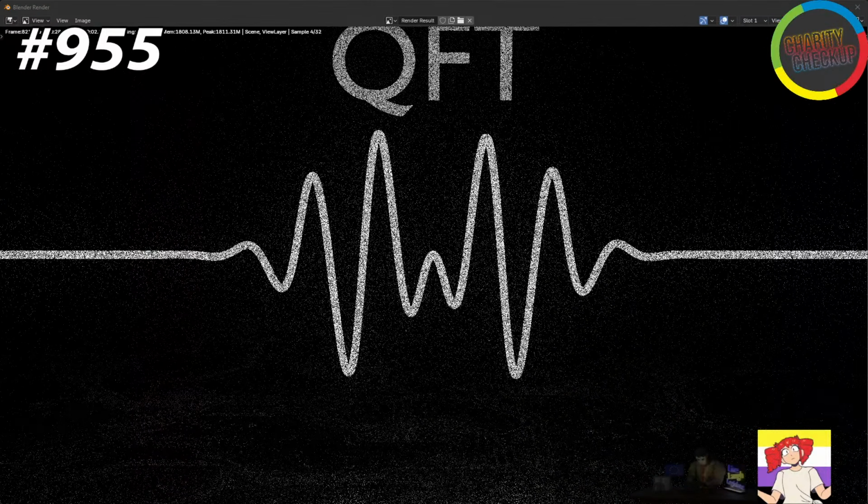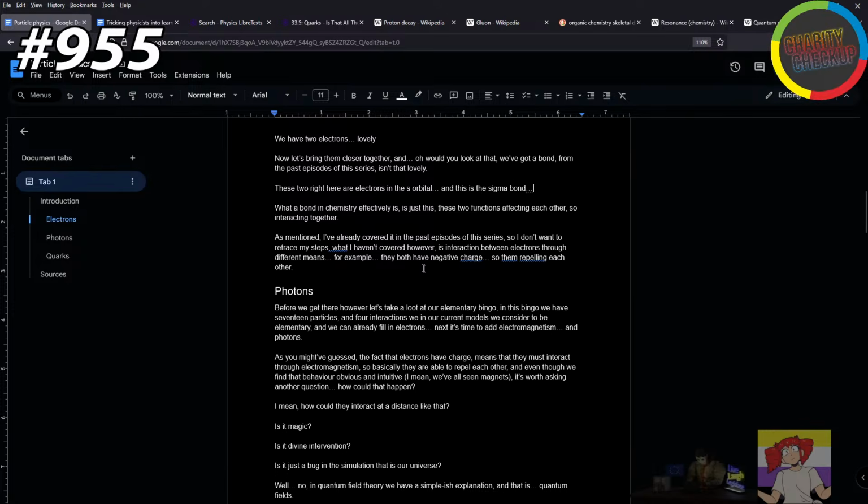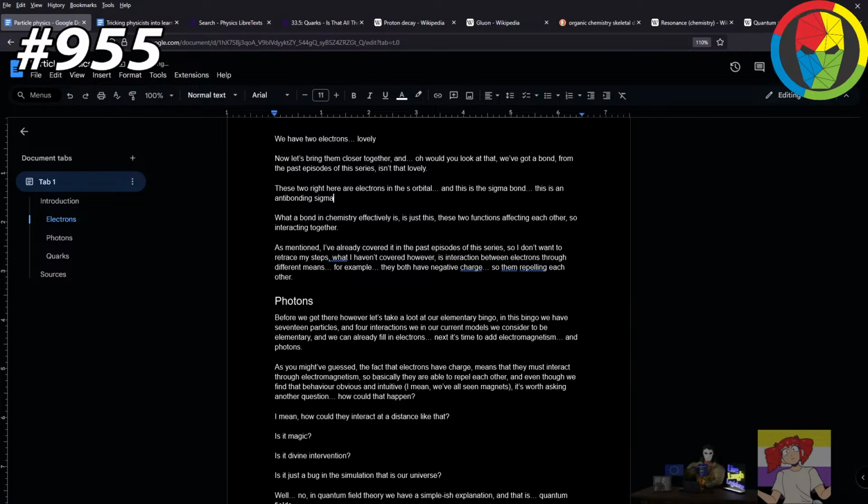Quite handsome fluctuations. It's right here actually. And this is a sigma bond. This is an anti-bonding sigma, and if we use... still can't see it, I can just increase the wave number or increase it.